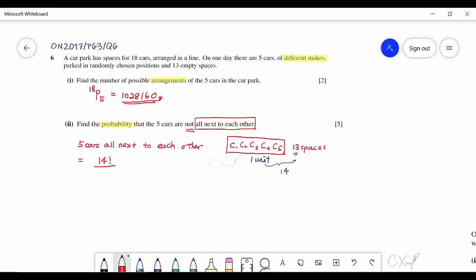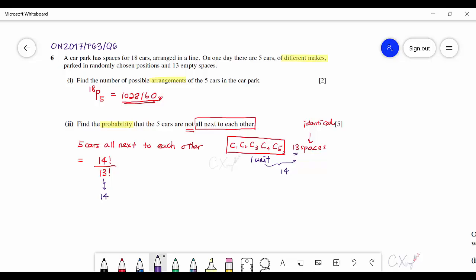But all the 13 spaces here are identical spaces. Therefore you have to divide by 13 factorial. So 14 factorial divided by 13 factorial, you will get the answer 14.